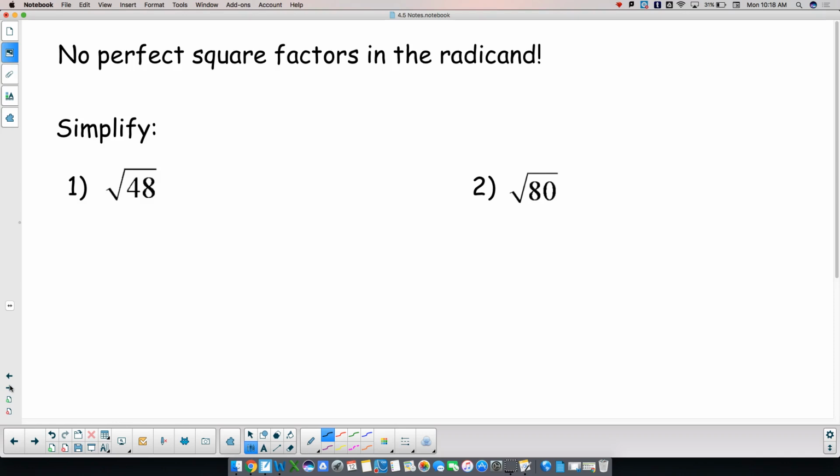Before we get to simplifying square roots, we should remember back to a couple of weeks ago when I told you what the perfect square numbers were. If you don't know these, you should write them down again because we're going to use them a lot.